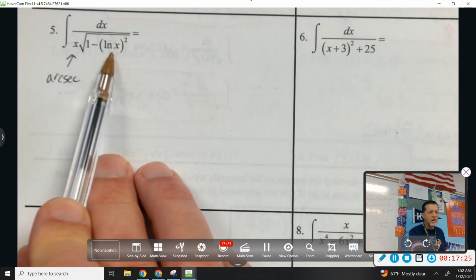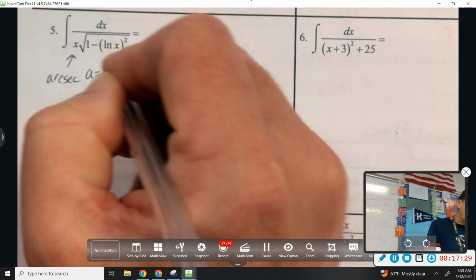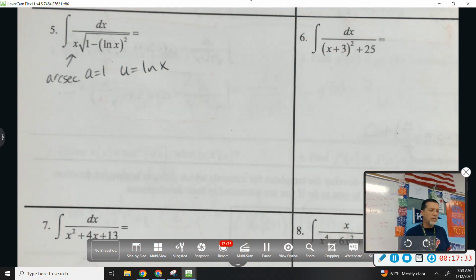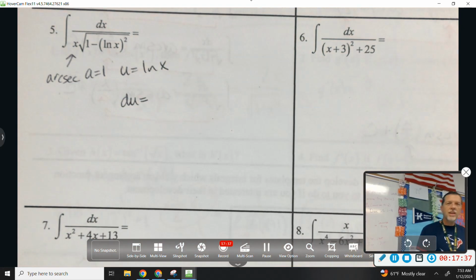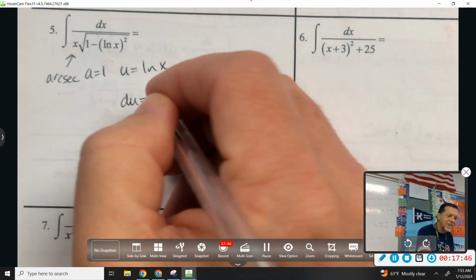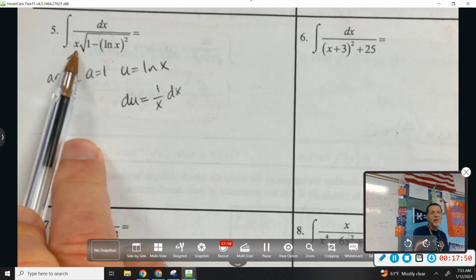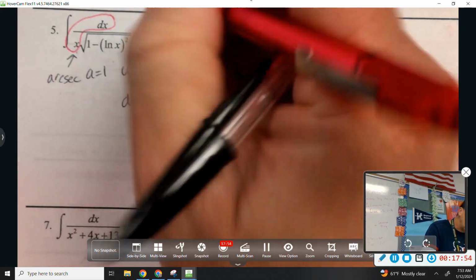But that natural log of x in there, let's see, if a is 1, u is natural log x, what's the derivative of natural log of x? 1 over x. Which now explains why that x is there, because it's part of the du.